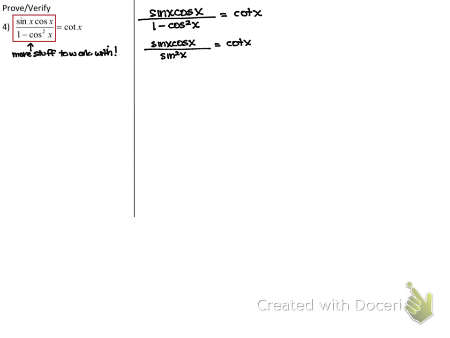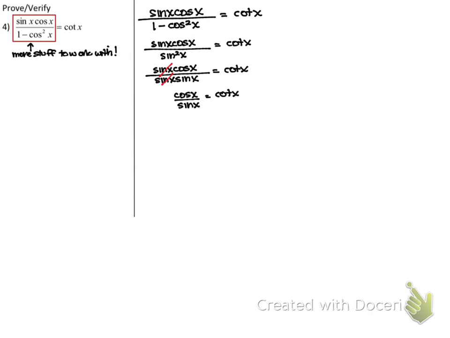Okay, let's see. Sine squared x is technically sine x times sine x, so just for ease here, you can write out sine squared x as sine x times sine x, equals cotangent x. Anything divided by itself is just 1. So from here, I have cosine x over sine x equals cotangent x.